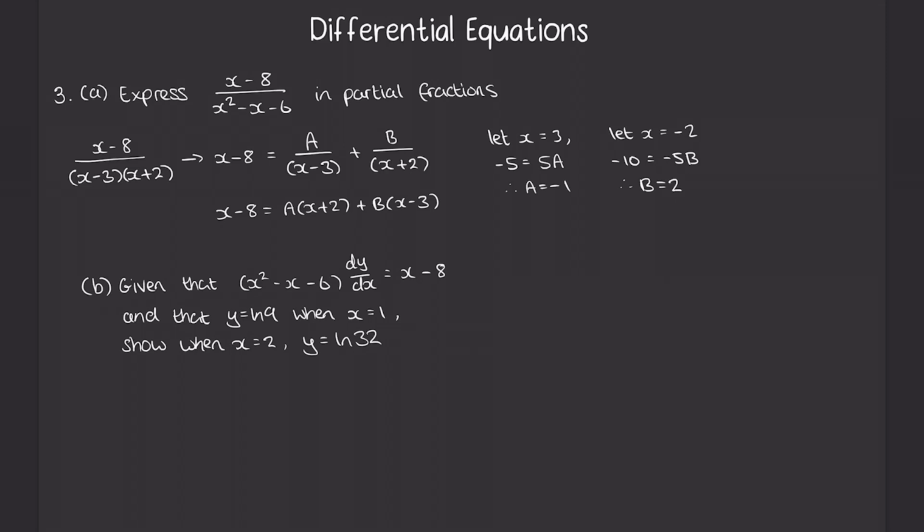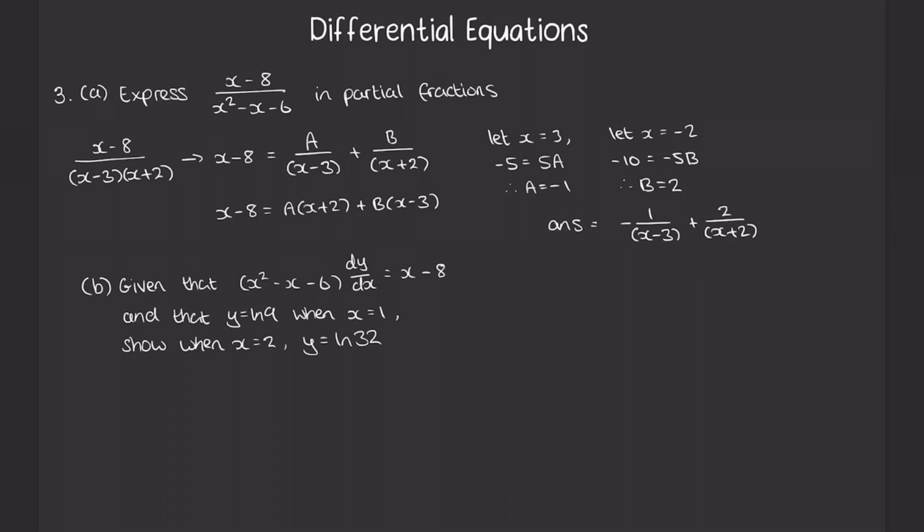And then we can just write it out again, and our answer is negative 1 over x minus 3 plus 2 over x plus 2. And there is our answer for part A, right? So that was nice and simple.